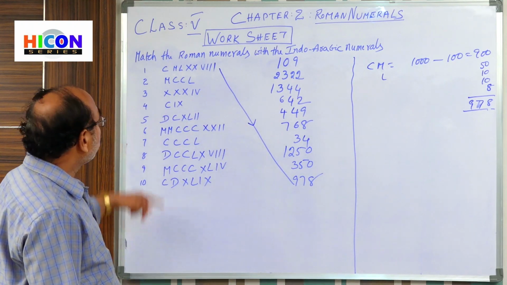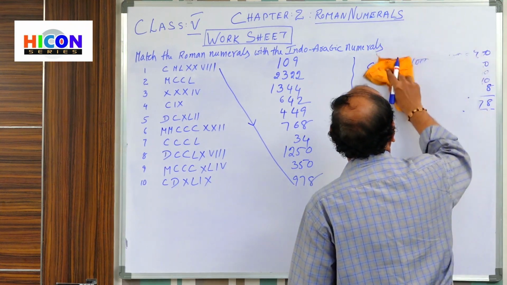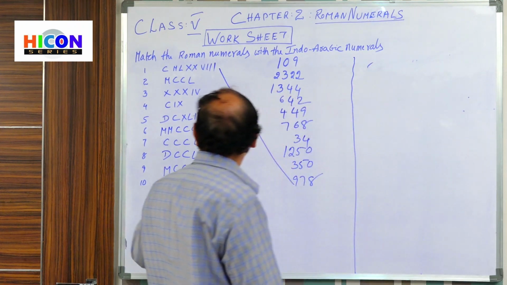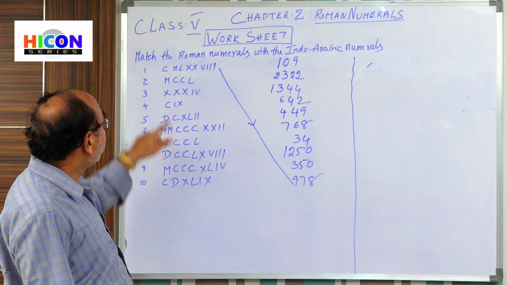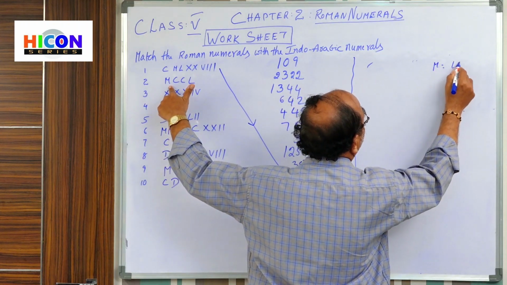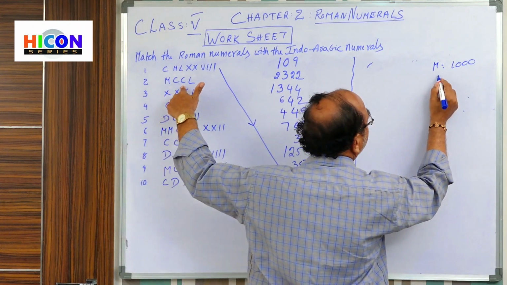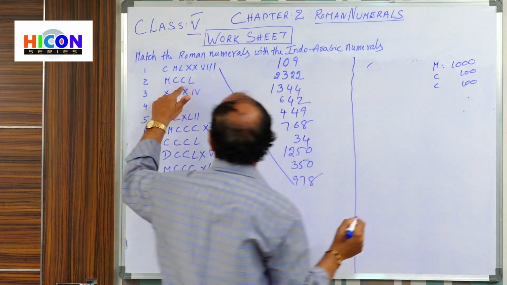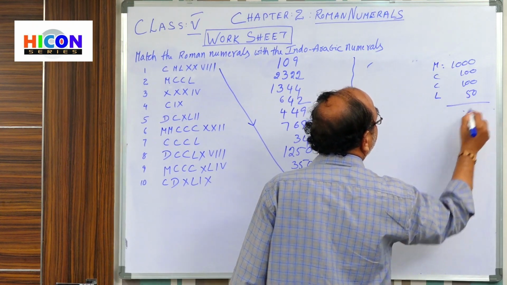Okay, now come to the second. What is the second one here? MCCL. M for 1000, and C for 100, 2 times, so 200. Now L for 50. Add all these numbers.